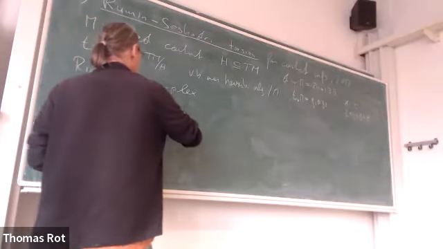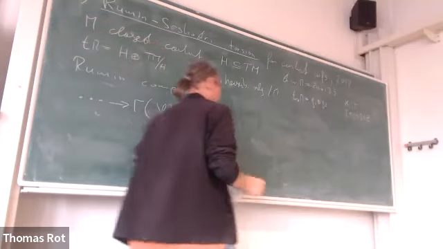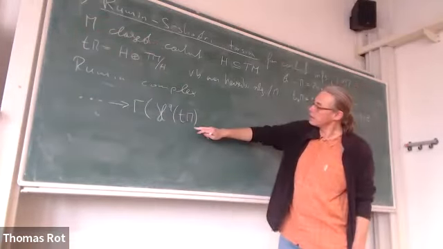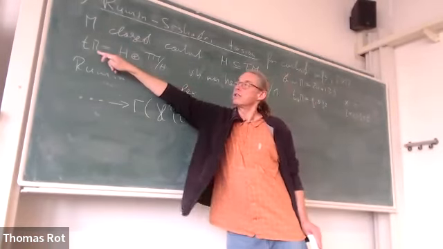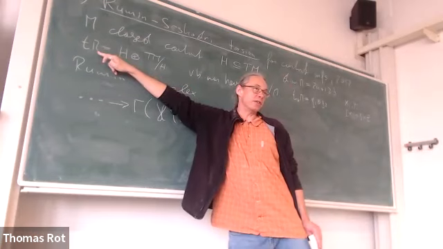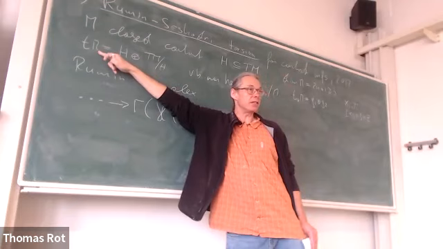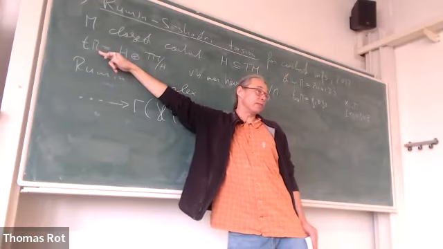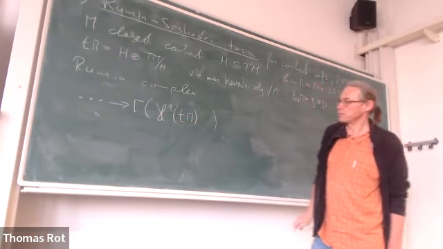So you have sections of some vector bundle. And the vector bundle that appears here is the fiberwise cohomology of this Lie algebra. This is a bundle of Lie algebras over the manifold M. Each fiber is a Lie algebra. We fiberwise take the Lie algebra cohomology to get the new vector bundle over M. And this is the vector bundle that appears here in the complex.